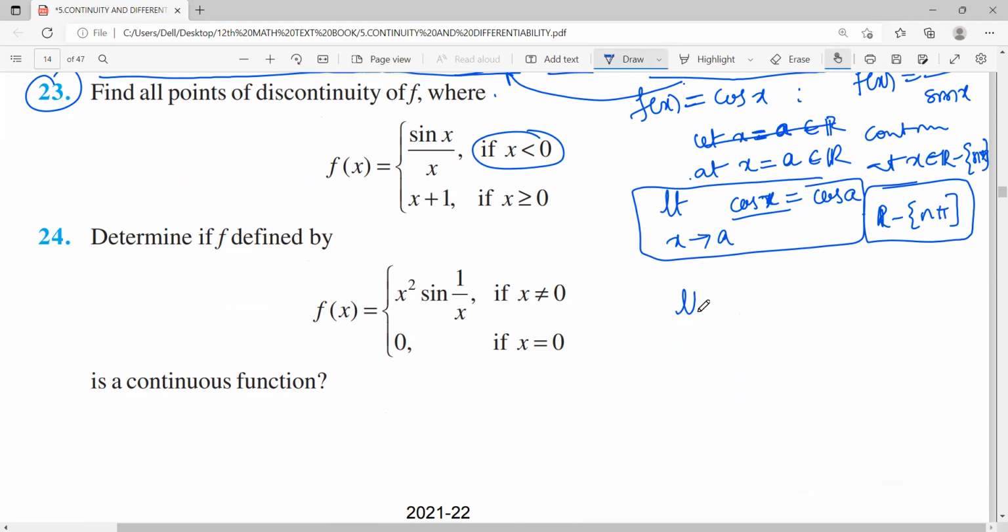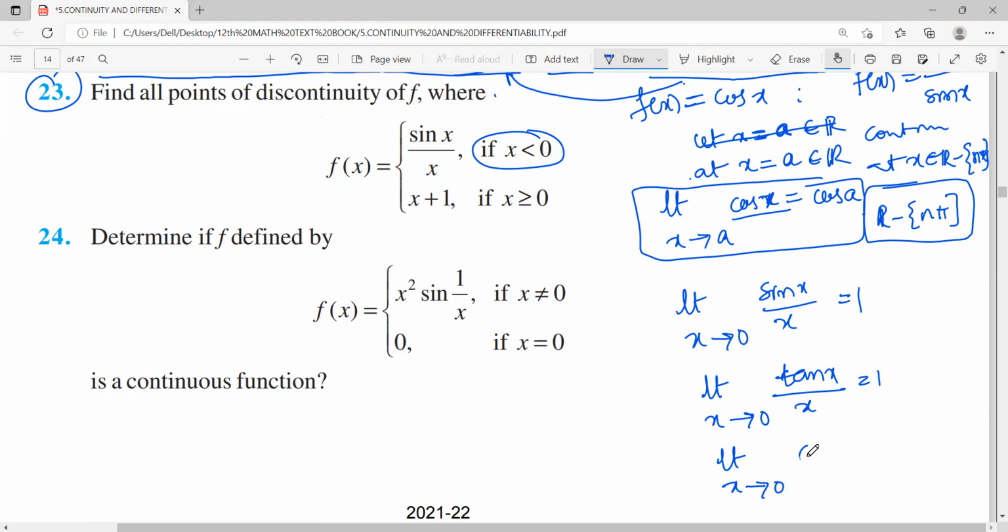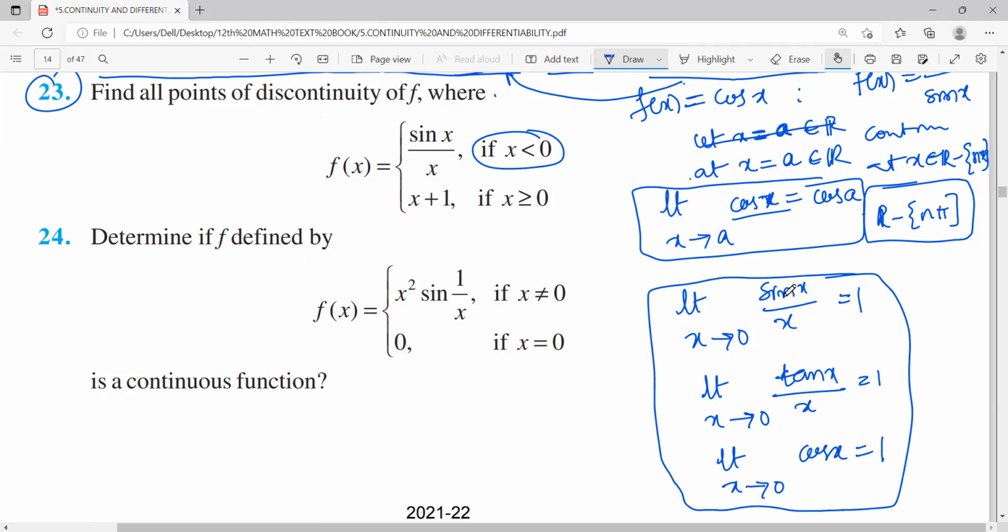But do you know this one? Limit x tends to 0 of sin x by x is 1. If you don't know, you should write this. Limit x to 0 of cos x is 1.